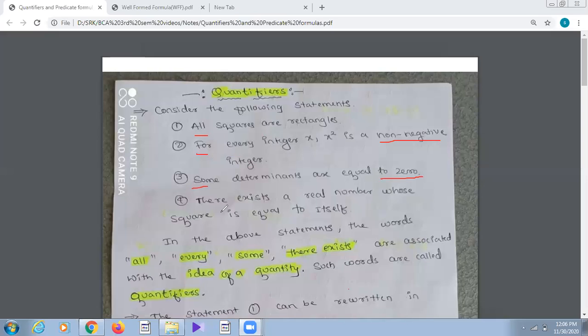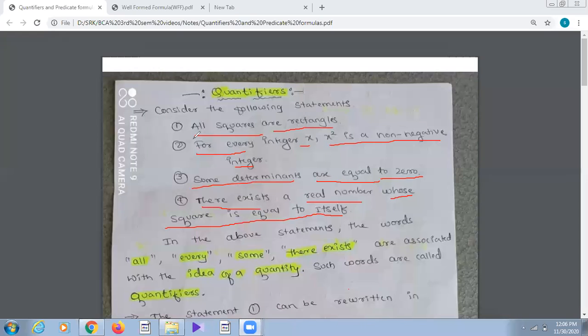This is one more statement. Next statement: there exists a real number whose square is equal to itself. So these are the four statements.